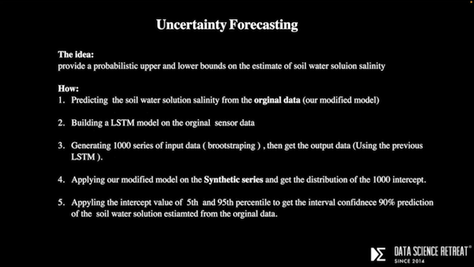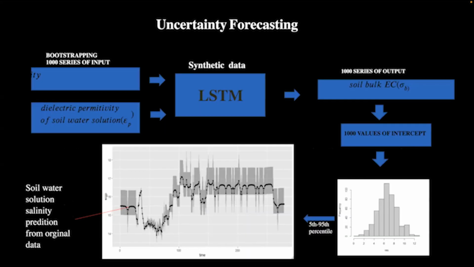We generate from an LSTM neural network model 1,000 time series to get the variability of the offset, the intercept, 1,000 values, and from these 1,000 values we get the 5th percentile and 95th percentile to build the confidence interval of our prediction. So here we get the prediction of salinity from our data, and from the simulated data we get the confidence interval of our prediction.